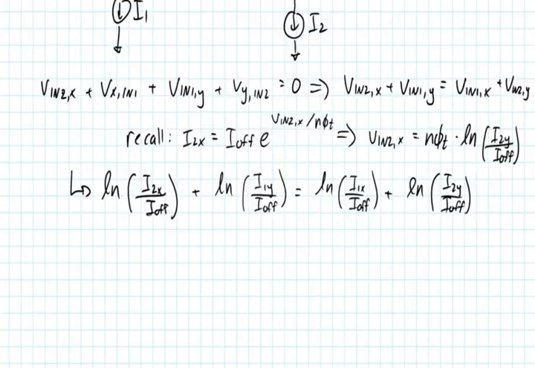Okay, so obviously all of these I offs cancel out, and in fact also all of the natural logs cancel out, and we get the following expression. We get I2x times I1y is equal to I1x times I2y.